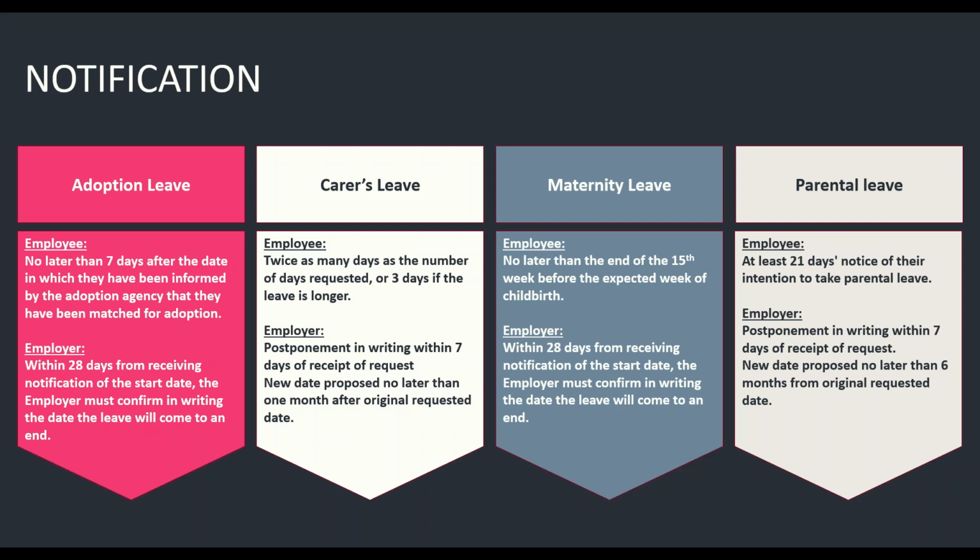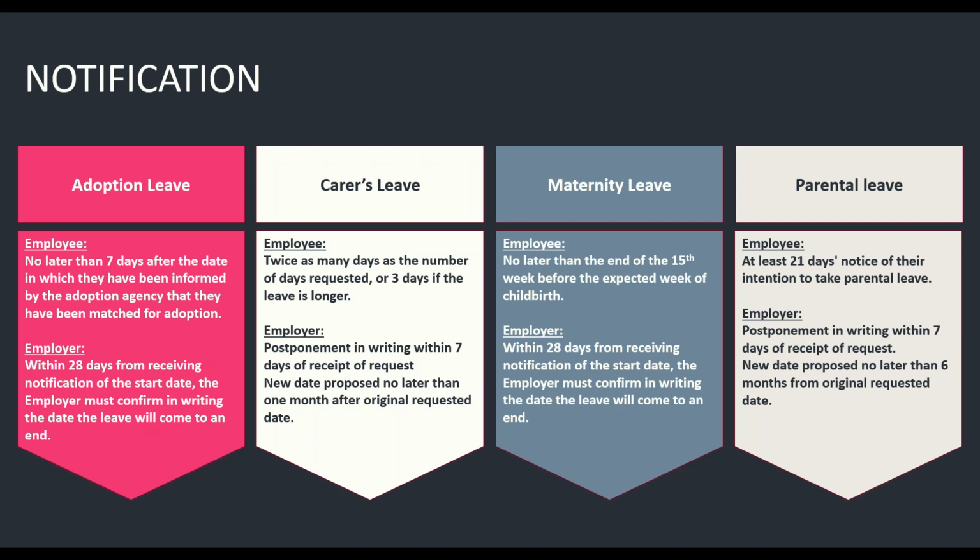So we've got a couple of slides. The first one is focusing on adoption leave, carers leave, maternity and parental leave. What makes this probably a difficult area to manage is that there are so many dates, so many time frames for each different form of leave. It's almost like we need one sheet with just the key pointers on.